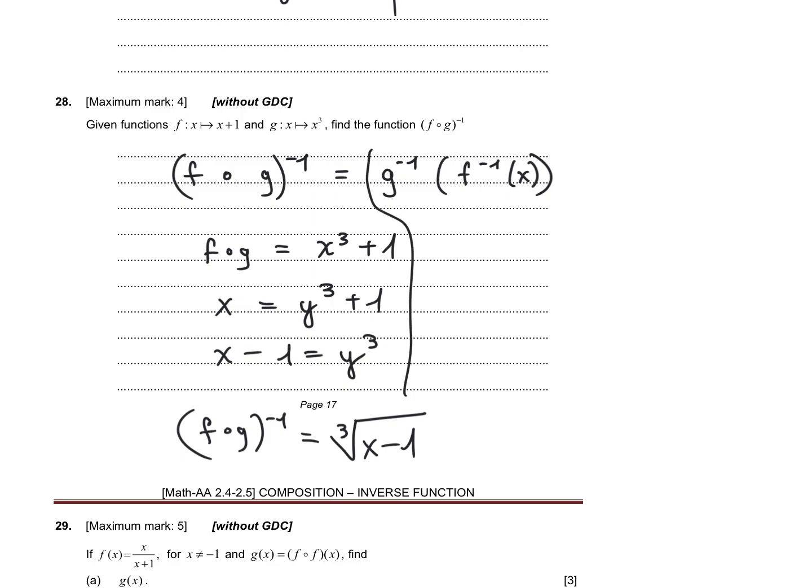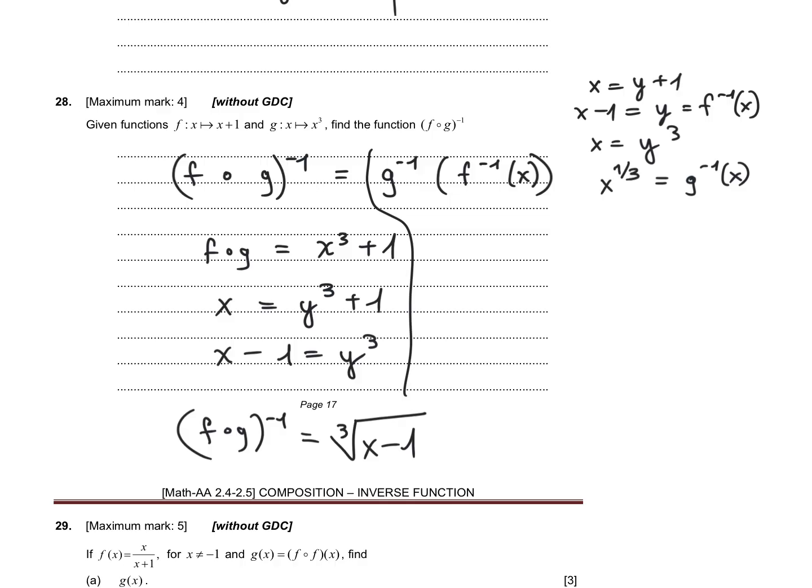So if we have to find the inverse of f, that's going to be x minus 1. And if we do the inverse of g, that's going to be x to the 1/3, or cube root of x.